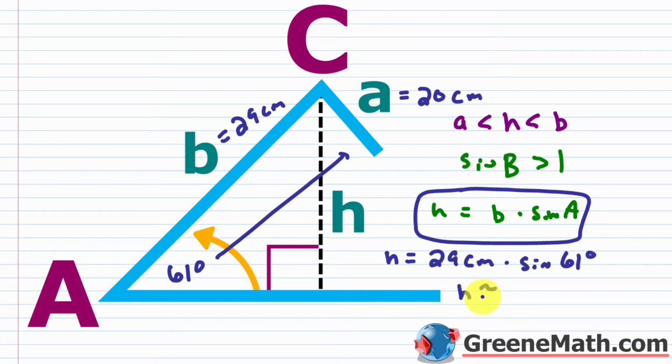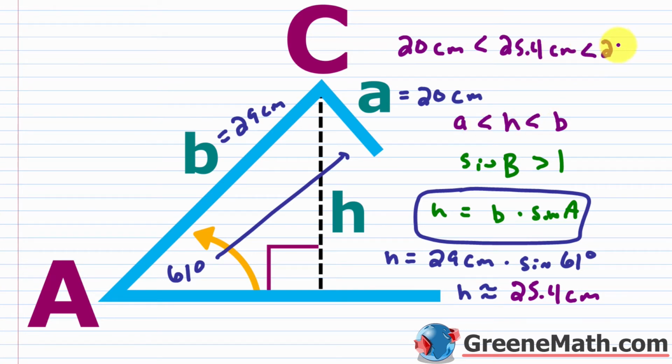So h is approximately 25.4 centimeters, okay? So you can see here that if I set up this inequality, I could say that 20 centimeters, which is a, is less than 25.4 centimeters, which is h, is less than 29 centimeters, which is your value for b, okay? So we fall into this case here where we could say there's no such triangle.